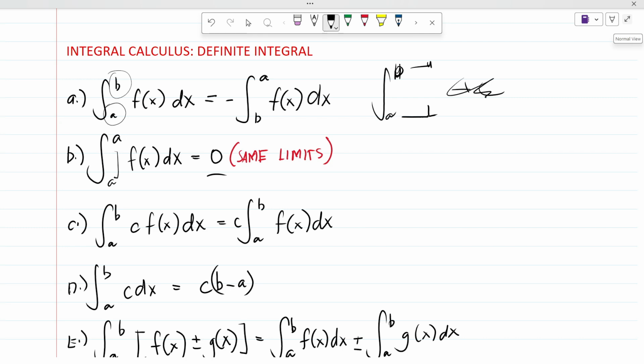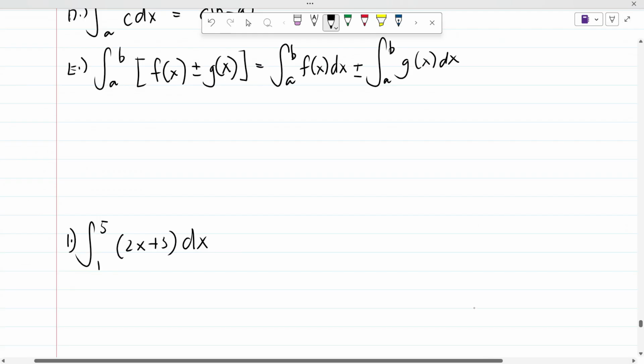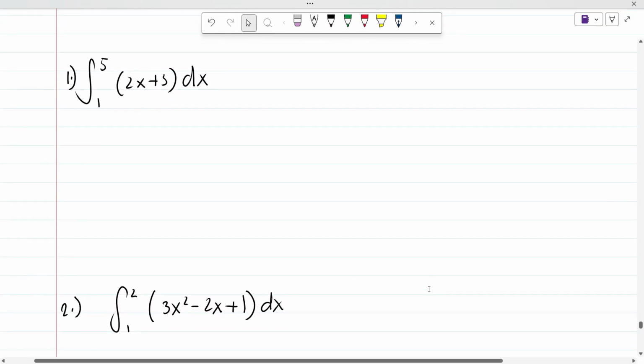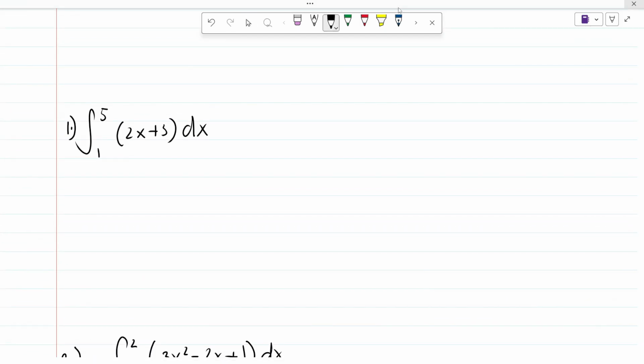Gets? So, to help you appreciate this more, let's proceed to the first problem, guys. The integral of 2x plus 3 from 1 to 5. This is the lower limit and the upper limit, guys.